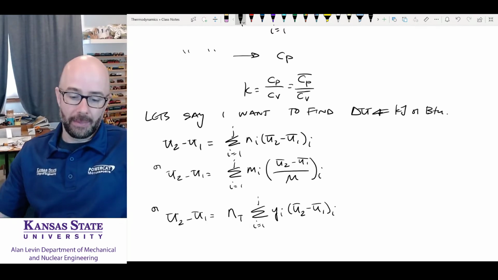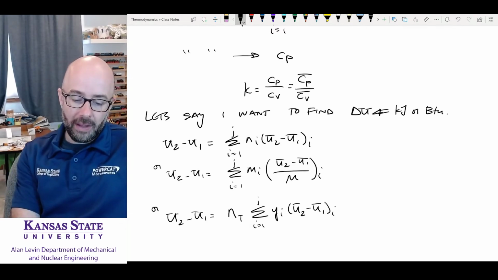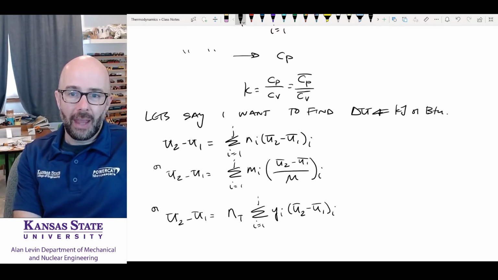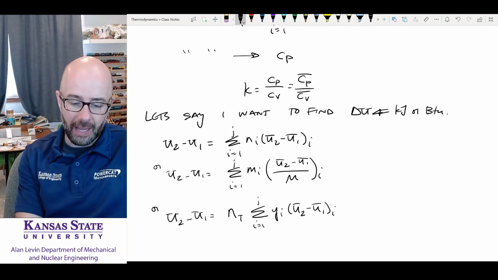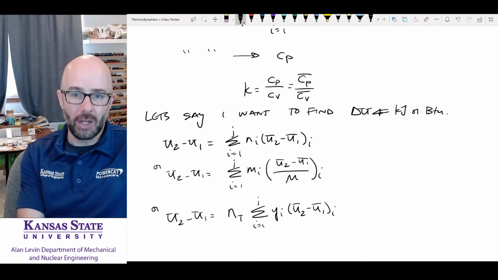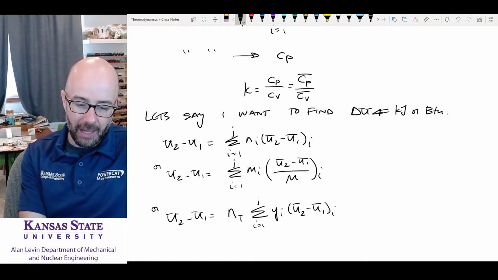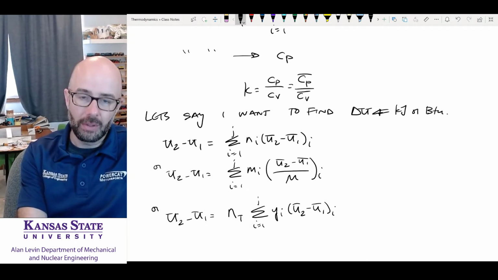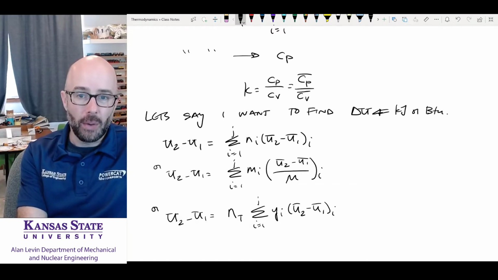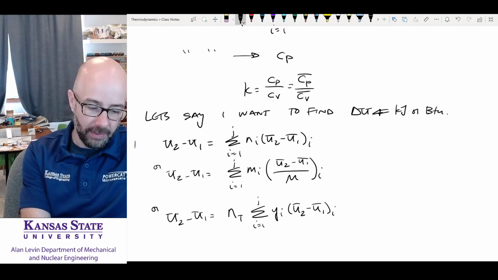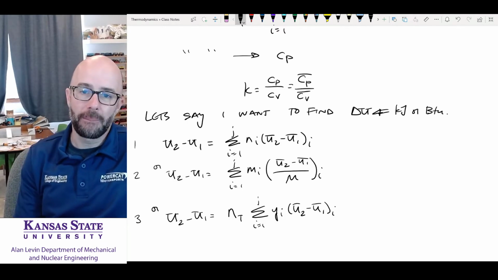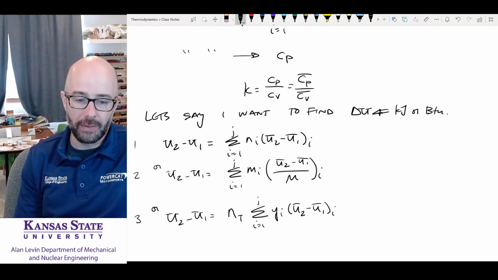I'm figuring out the percentage contribution, Yi times this, and then at the very end multiplying by the number of moles. Now look, number of moles times Yi is equal to the number of moles of each component. So this is 1, 2, 3. Three and one kind of match up. It's a similar way of doing things.